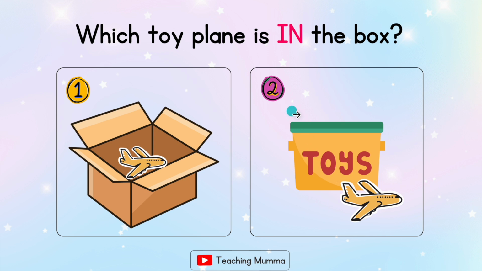In this picture, the plane is kept outside the box, and in this picture, the plane is kept inside this box. As you can see, the box is open. So, the answer is which option, 1 or 2? Option 1, correct. Very good.